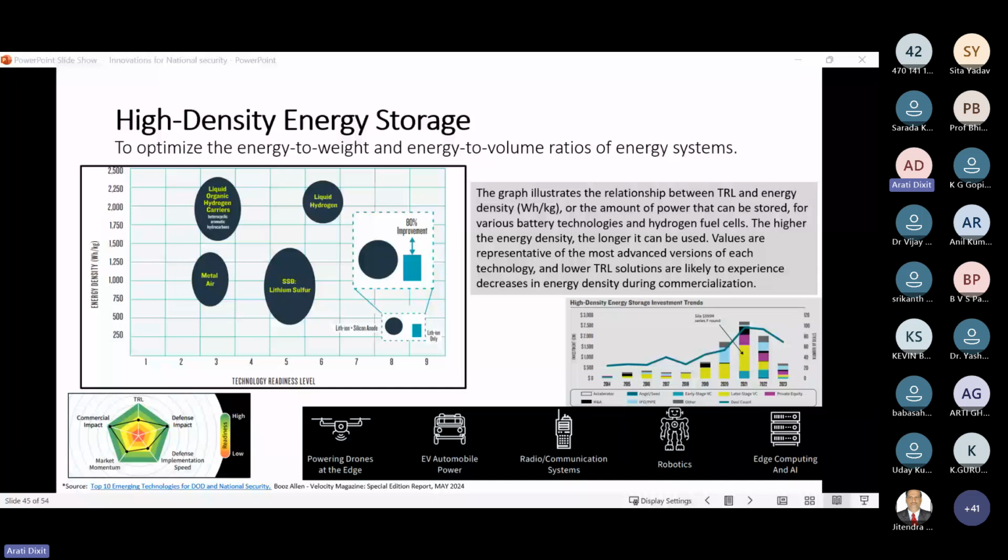And of course, applications of this include something that you see on the bottom right section, which is powering drones or automated EV automobiles, unmanned vehicles, as we discussed, unmanned aerial systems or unmanned ground systems, and unmanned water systems, robotics and edge computing and AI.